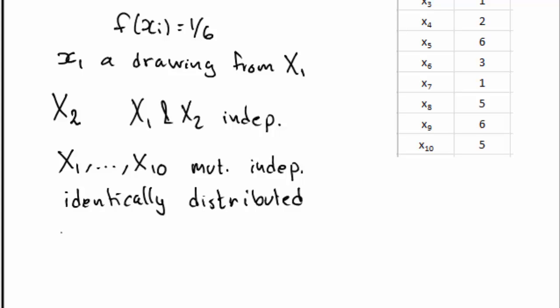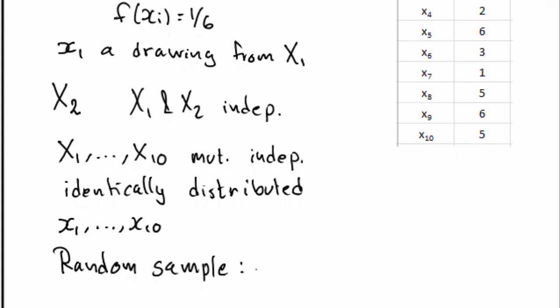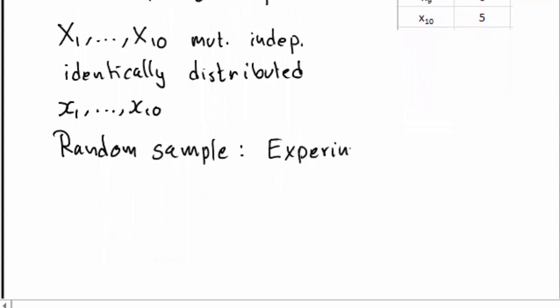The data that I observe is then 10 drawings, one from each random variable, and that is my data. So when we think about our data in this way, we talk about having a random sample, or sometimes it's just called a sample.